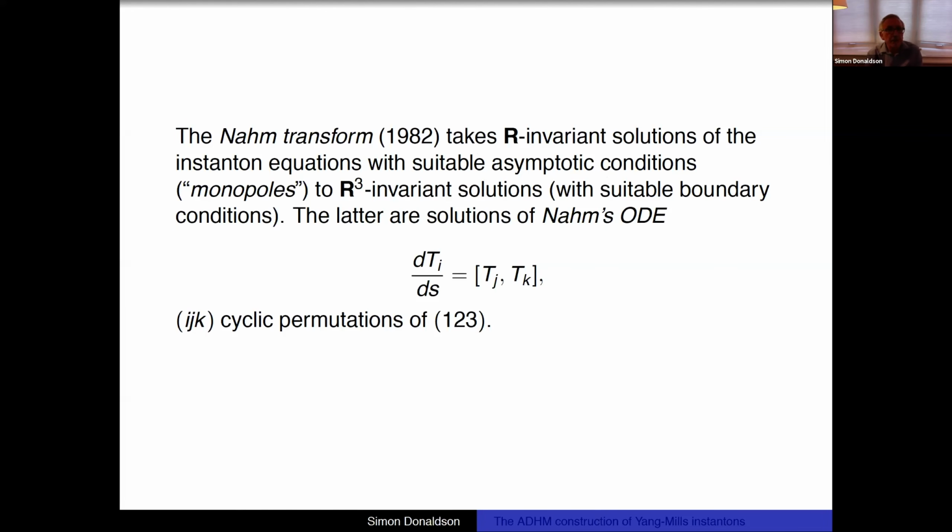For these latter, the partial differential equations just come down to ordinary differential equations, and one is just studying solutions of Nahm's equations, which are a system of ODEs for matrix-valued functions of one variable s.